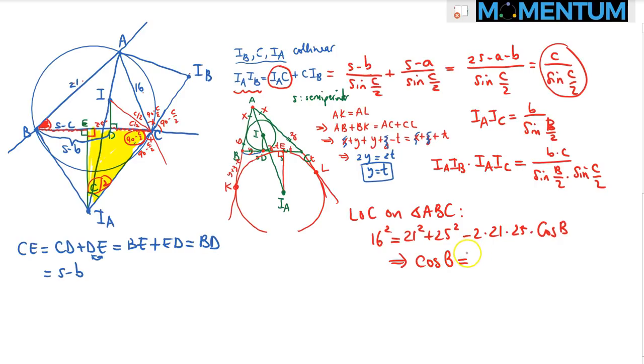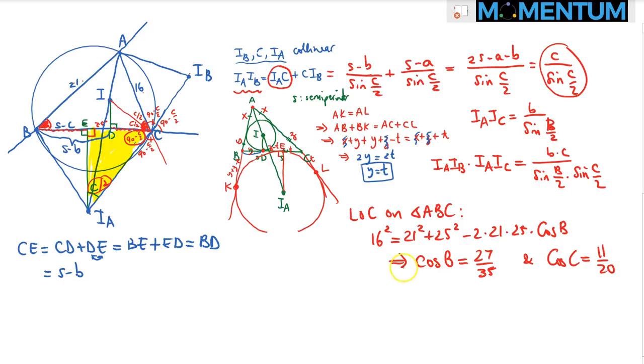Cosine B comes out as 27 over 35. And by the same token, applying the law of cosines to angle C here, you can also find cosine C to be, please do the bash, 11 over 20.